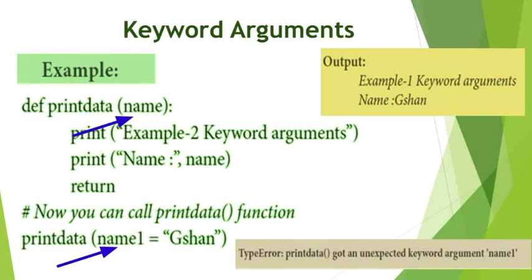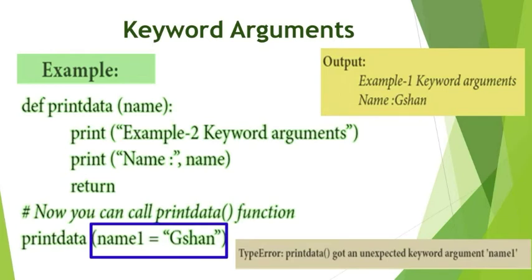We have not created the parameter name1, we have created the parameter name, so it will produce the syntax error in the output screen. Okay, because these keyword arguments are recognized by the parameter name. Here the parameter name is what? Name, but in the calling function name1 is given, so it will produce a syntax error. Here you have to give name is equal to Sean.